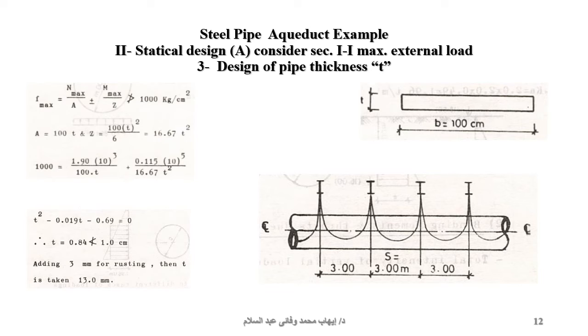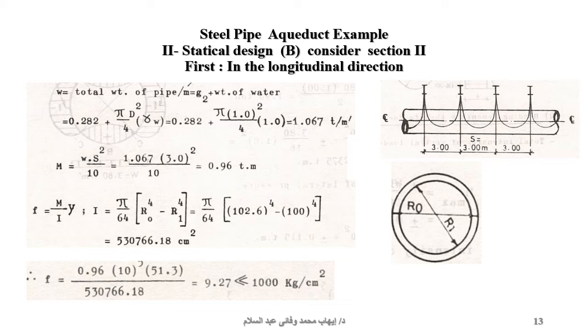This is the statical system, something like that, or the bird. For section II, in these cases, there is a W, total weight. We arrive at maximum moment, that's in longitudinal direction.